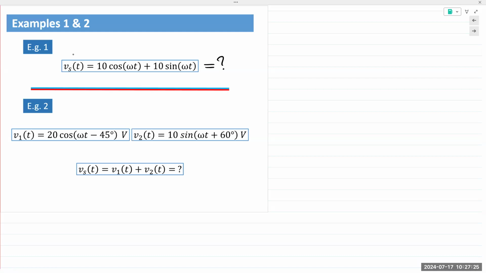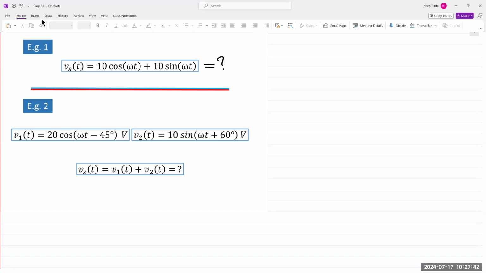Now, the first thing I like to point out, again, it's a concept, it's not the math, is that in order to add two or more signals together, their frequencies must be the same. This is the most important point at the beginning, at the top.